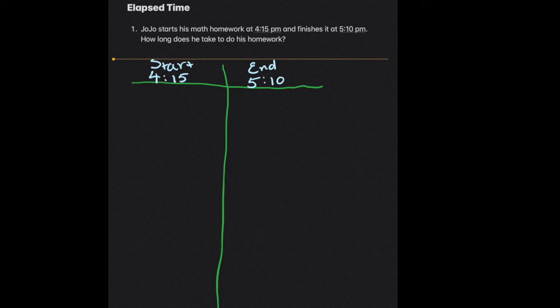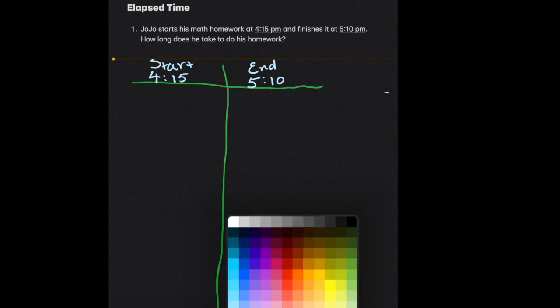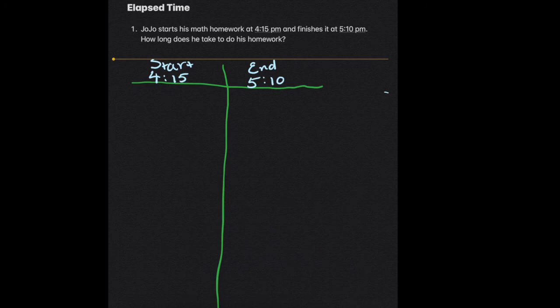And then over here we want to leave a little space on the right hand side of the chart, because this is where we're going to count how long it takes to get between each time interval. Okay, so let's say we're starting at 4:15 p.m. So underneath we're going to write 4:15 here.